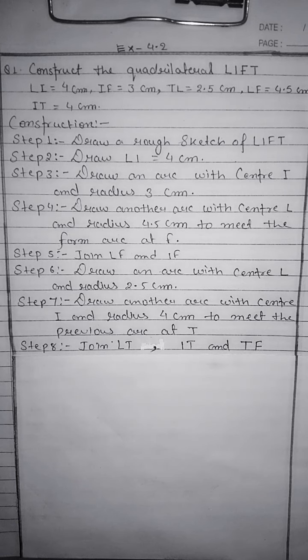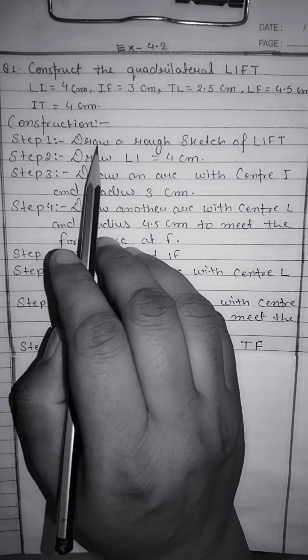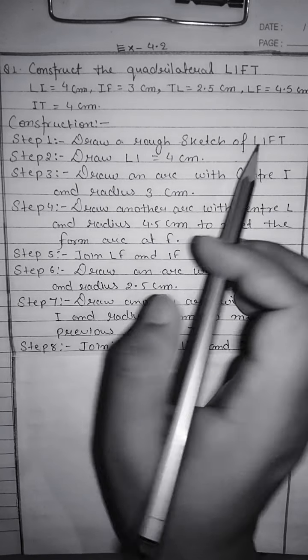All of you know that a quadrilateral is made up of 4 line segments. So we are going to construct this quadrilateral stepwise. Look here, the first step. Step number 1 is draw a rough sketch of LIFT.